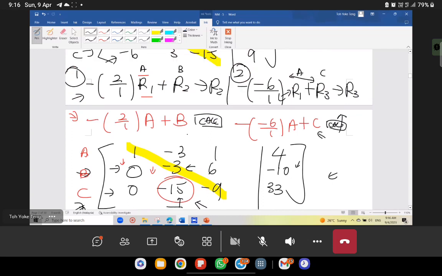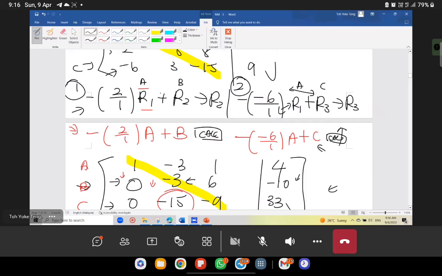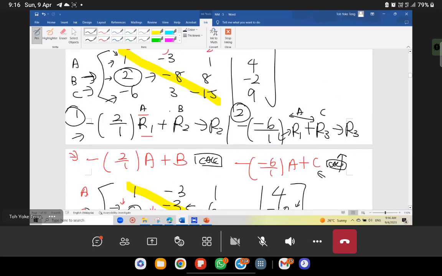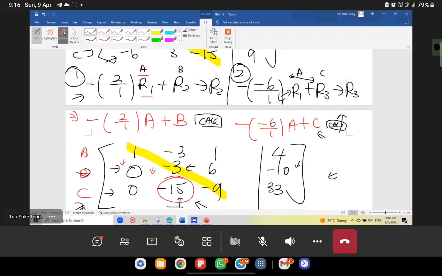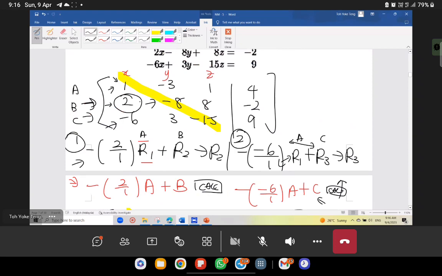Let me check a while. So here negative 2 over 1 plus C. Let's calculate.